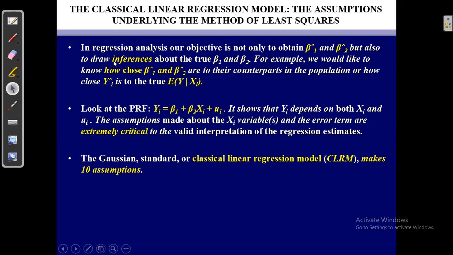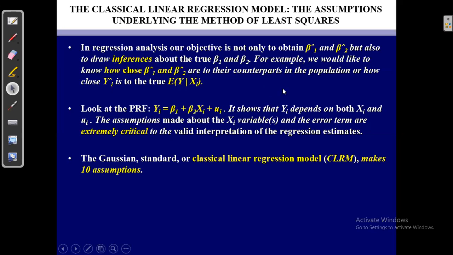Okay, so when we say we draw inferences, actually we want to generalize from sample to population, or what I usually say, you want to generalize from the small picture to the larger picture, because it is actually the larger picture in which we are interested, and using the sample is just a way of getting information about the larger picture.